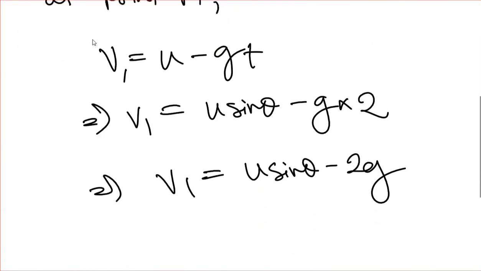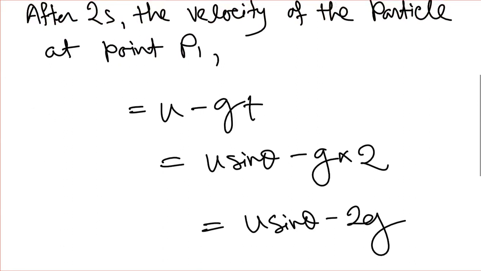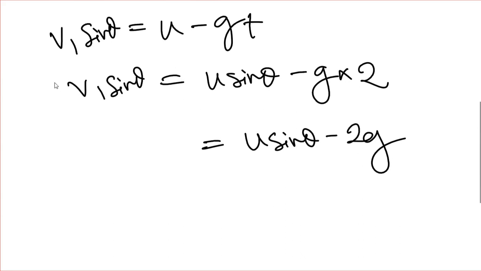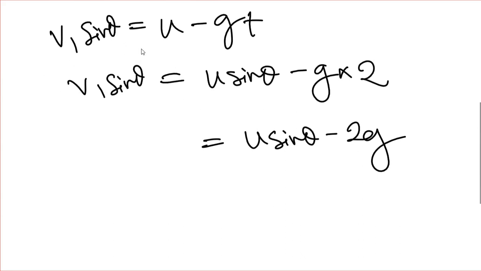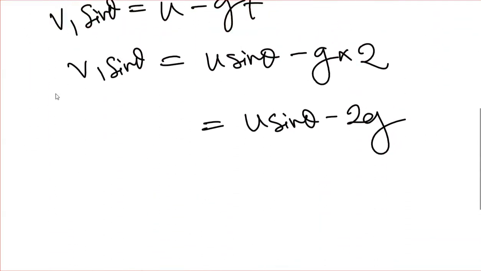Sorry for that, this will not be v1, this will be the vertical component, v1 sin theta, as because here we use the initial velocity component of sine, so we have to use the sine component of v1. So the equation will be v1 sin theta.